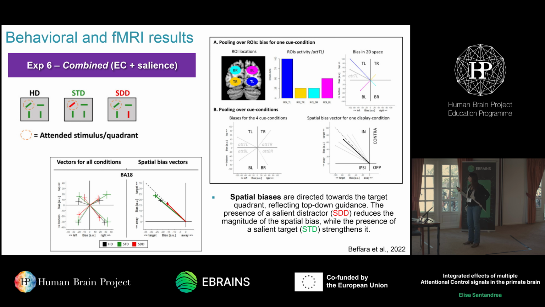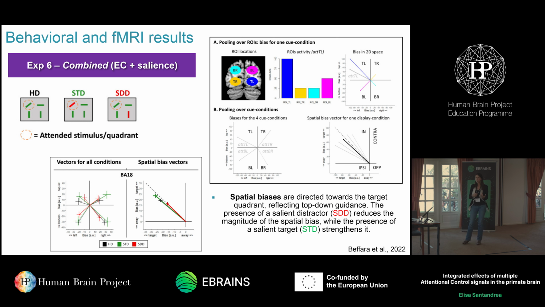And we computed a metric describing the orientation of attention in space and its strength, which was coded as a spatial bias vector. And we realigned all the quadrants just to have the target quadrant, the distractor quadrant, and the other quadrants.